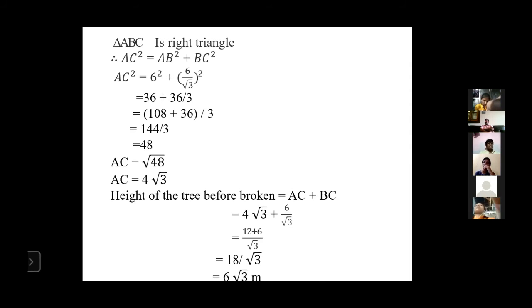So we need to send this square to the other side. This will become root. AC is equal to under root 48. We can write 48 as 16 into 3. So under root 16 is 4, and what remains is root 3. Finally we got the length AC is equal to 4 root 3.